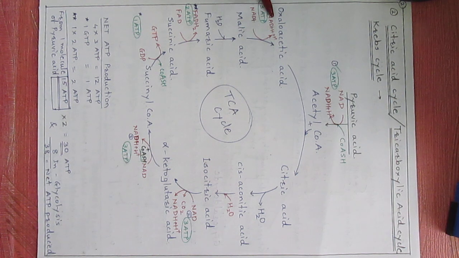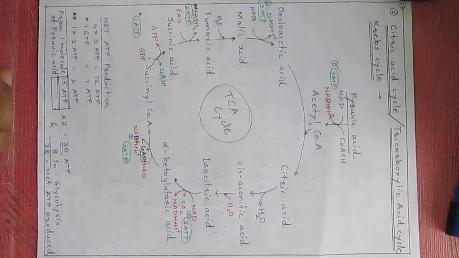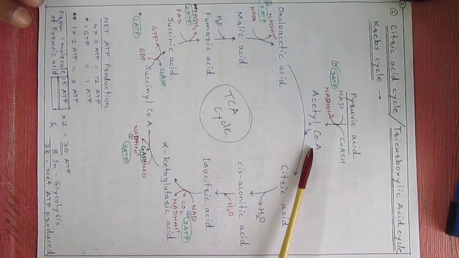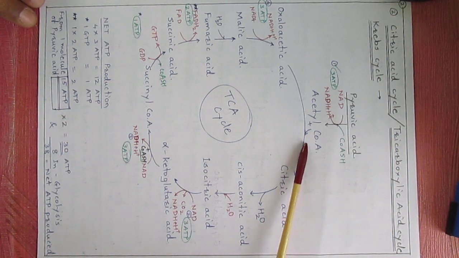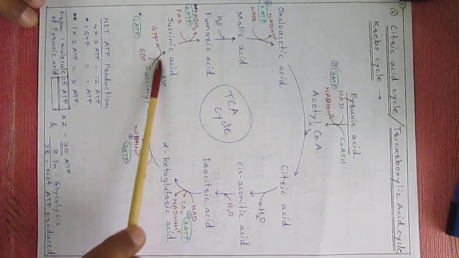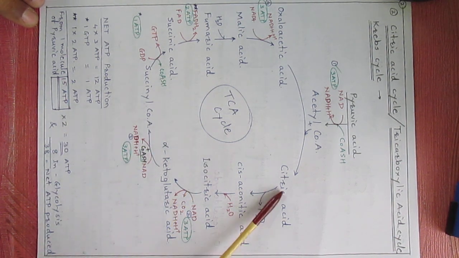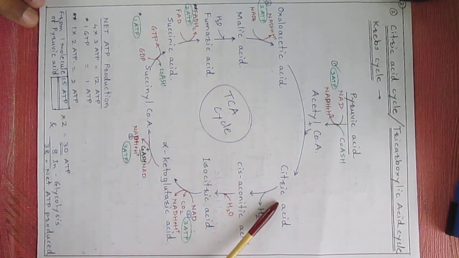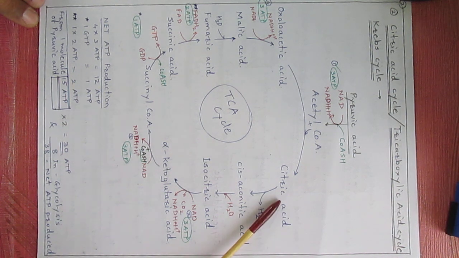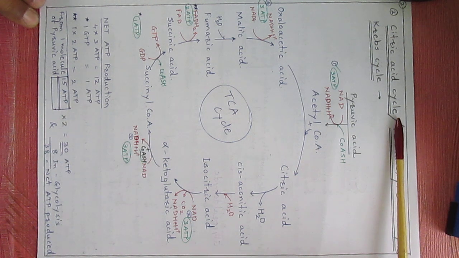Again the oxaloacetic acid combines with the next acetyl coenzyme A molecule, and again the cycle continuously takes place. As in this process, citric acid is the first compound, this cycle is also known as the citric acid cycle.